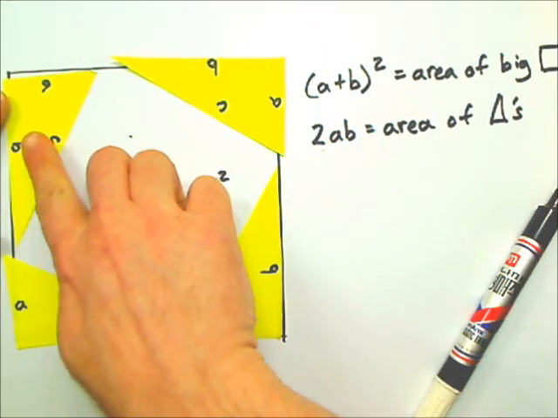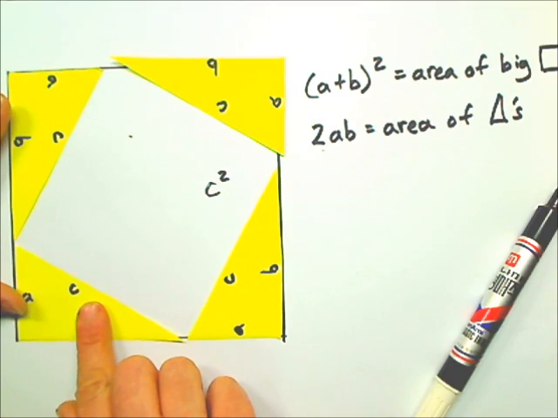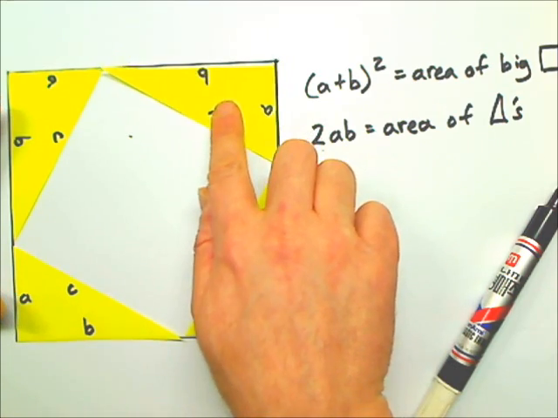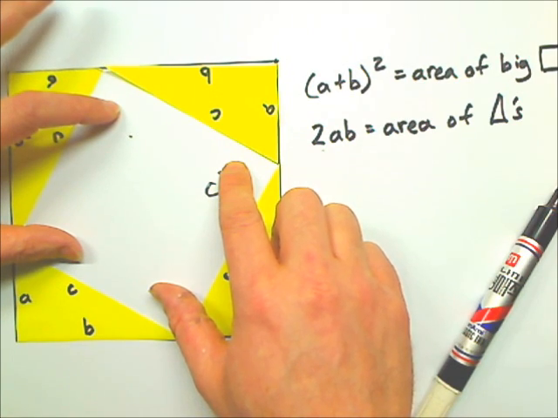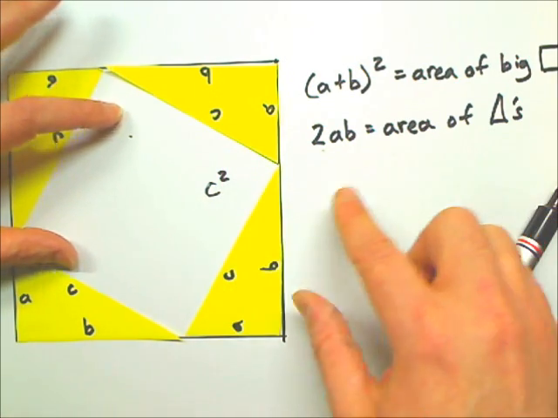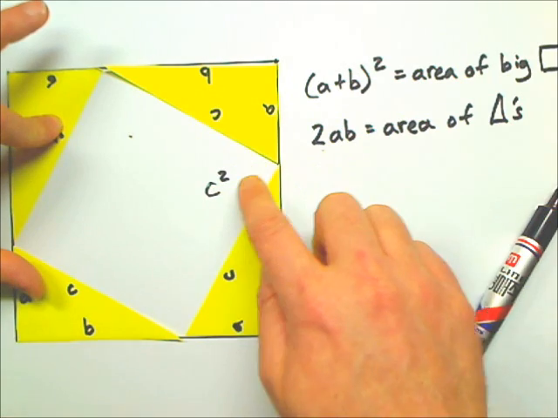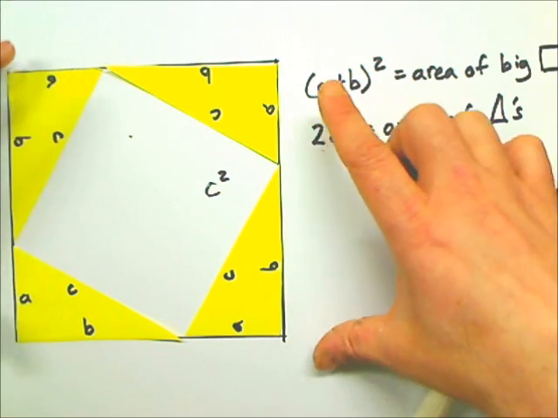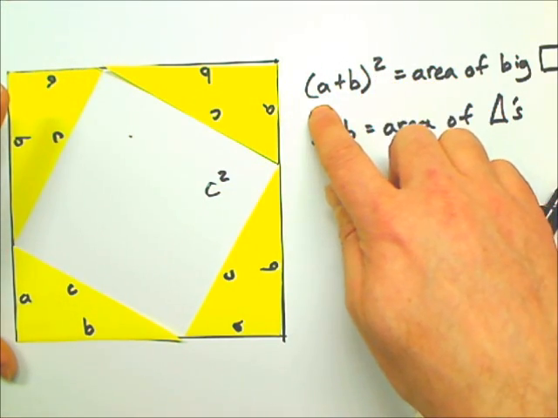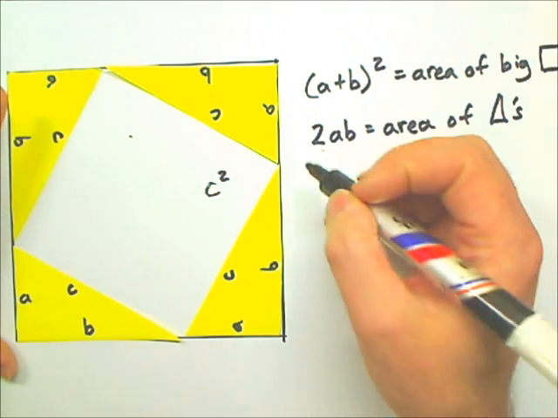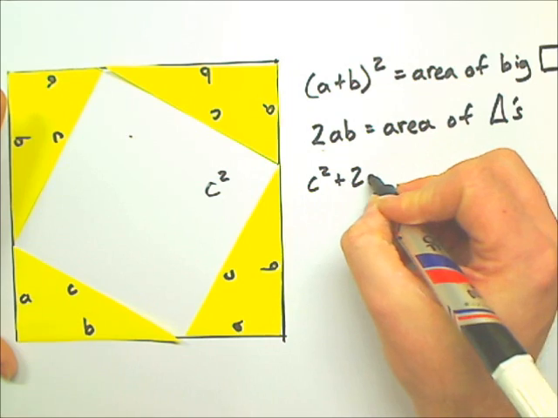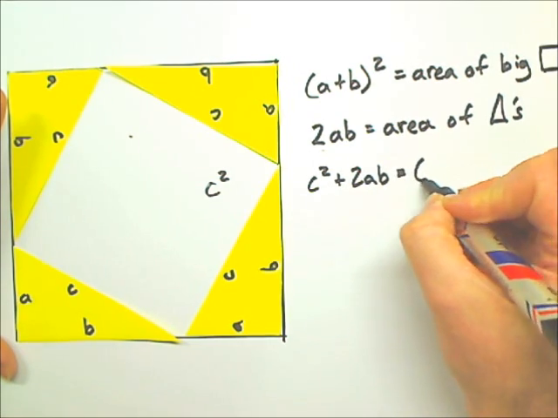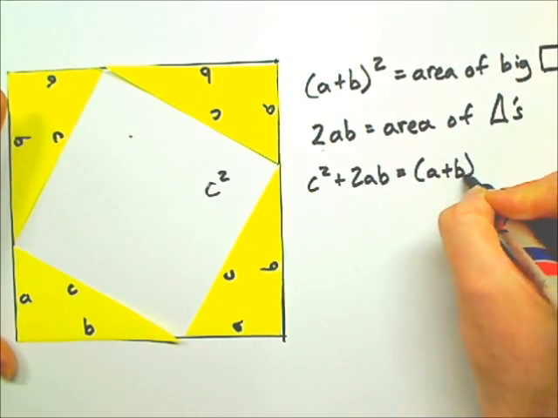So now I want you to notice that if I take the area of the inside square and I add it to the area of the triangles, c squared plus 2ab, I get the area of (a plus b) squared. So I can write that down. C squared plus 2ab equals (a plus b) squared.